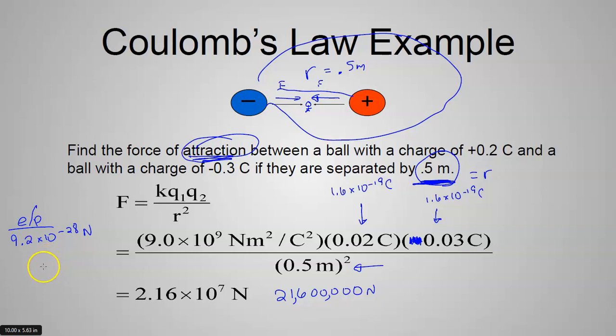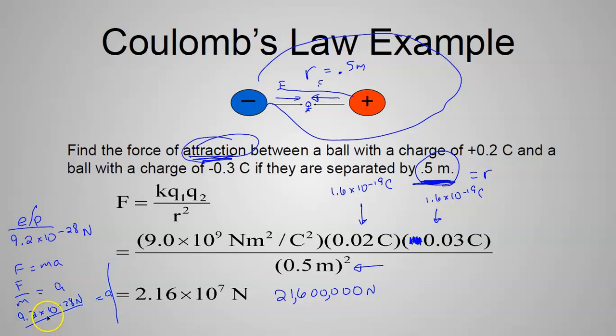But on the other hand, what you've got to do is come in here and say, well, what would the acceleration on that electron be? And that's where you'd come in with some first semester physics stuff and say the force is equal to mass times acceleration. So if I take the force and divide by the mass of the electron, here I've got 9.2 times 10 to the negative 28 newtons, and we say, well, that's almost nothing. Let's not even worry about it. But if you come in here and say, fine, I want to divide that by, what is it?